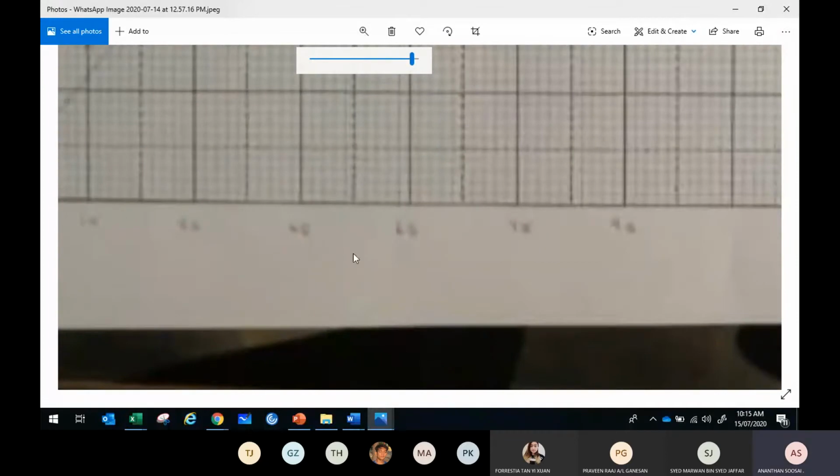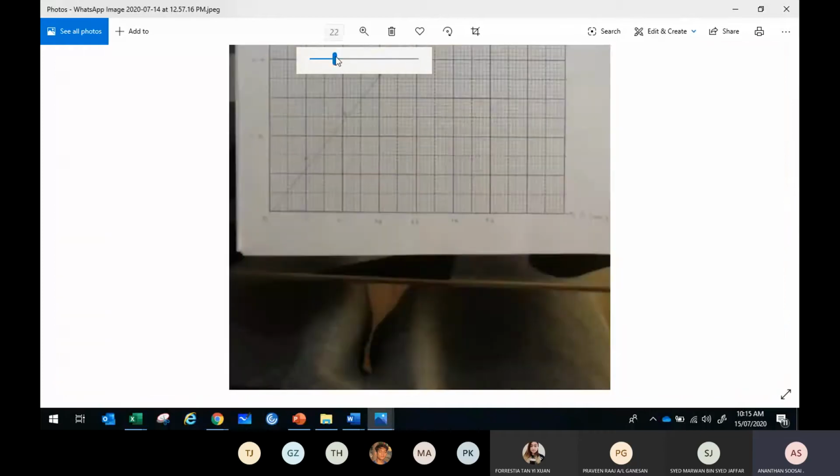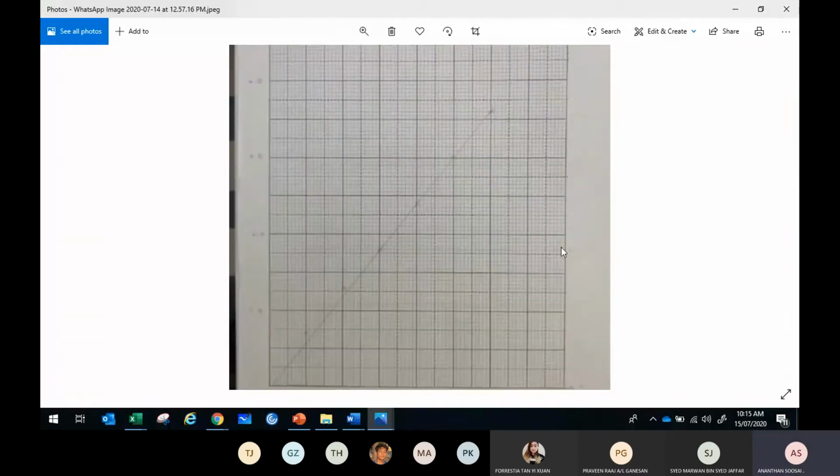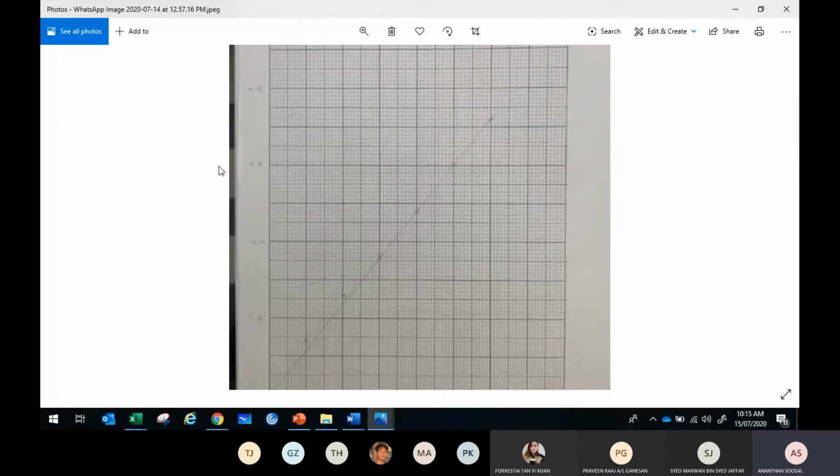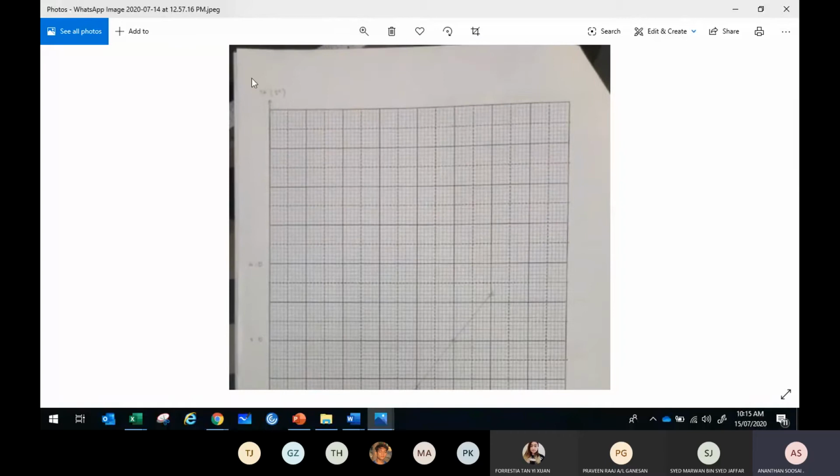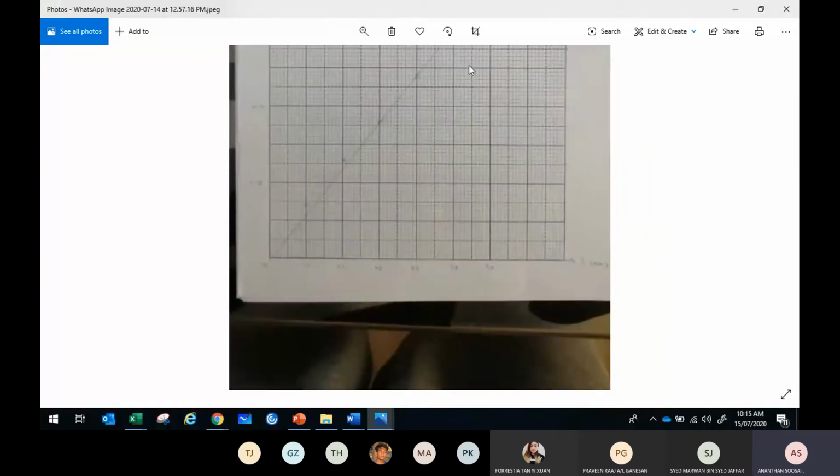This is what? I think it's a multiple of 5. 4.5, I think all look like 4. So as long as it's never a multiple of 3, you get mark for the scale. Because your points are really spread, as long as it's not a multiple of 3, you get 1 mark for that, 1 mark for the title and the gradient.